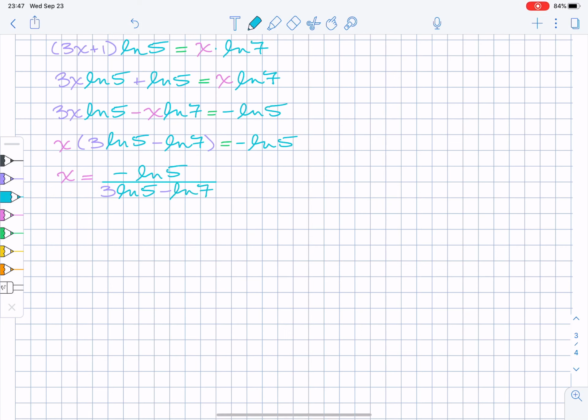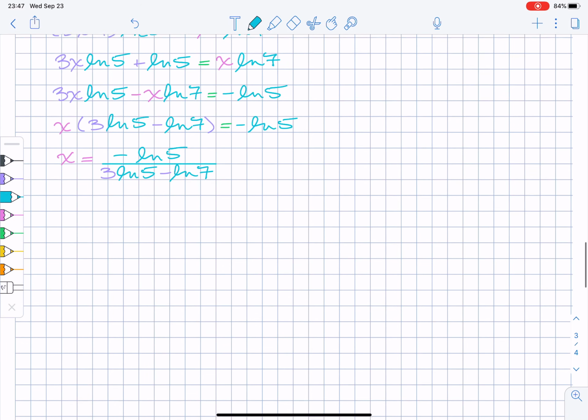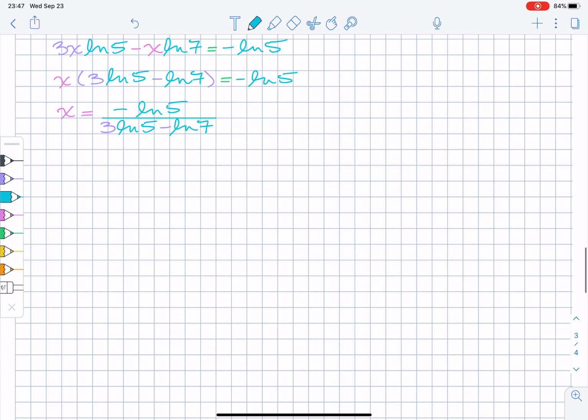Now, of course, I could use properties of exponents to clean this up, and that's up to you if you want to do that. You don't have to, but, for fun, shall we? So x is equal to, the first thing I'm going to do is multiply both top and bottom by -1.